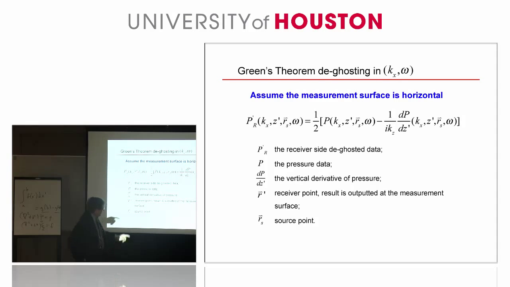First of all, to get to this formula, I needed a horizontal acquisition. My surface had to be flat to do a Fourier transform over that x. X is at a constant z in that integral. So to use this form, your cable has to be flat.